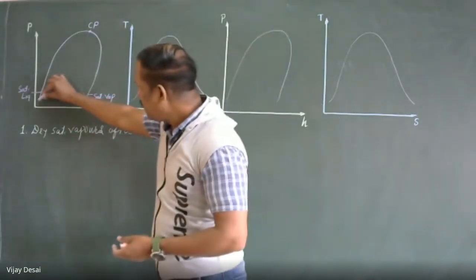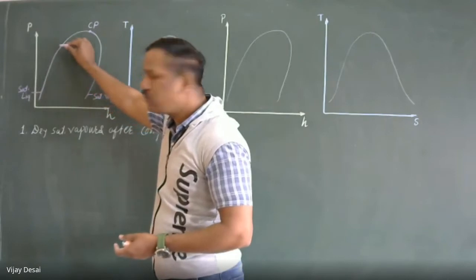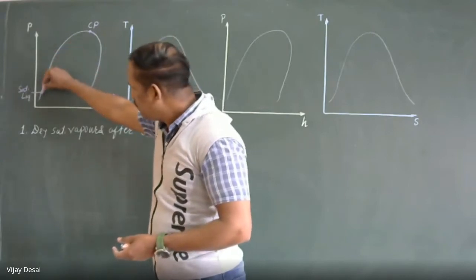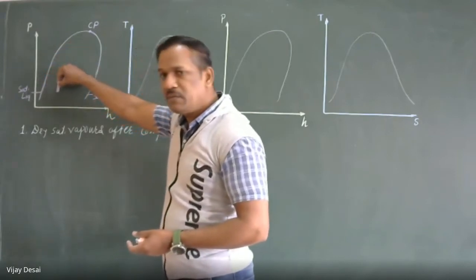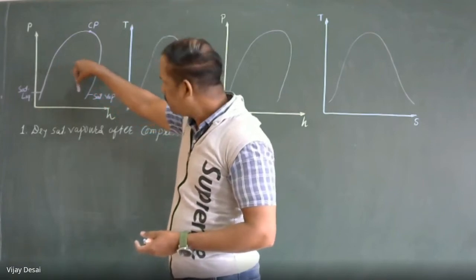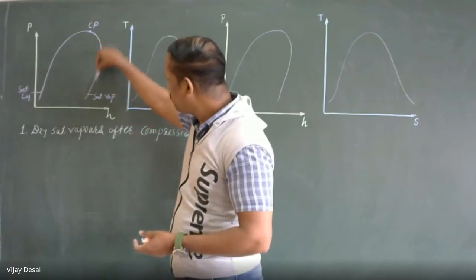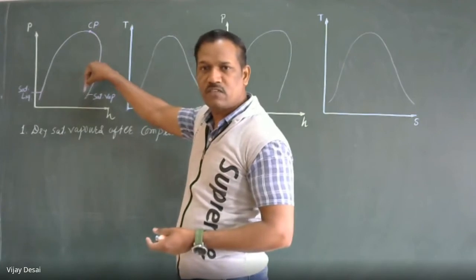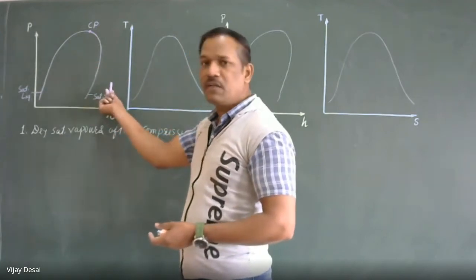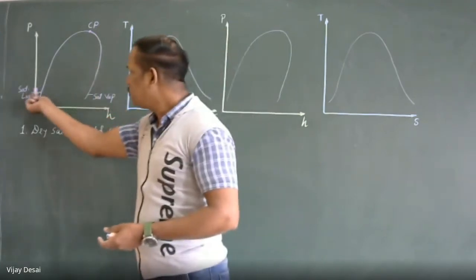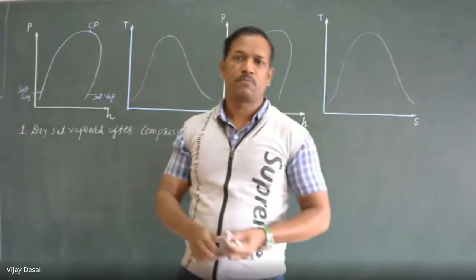Wet condition means it is a mixture of liquid and vapor. So on this line, it is saturated liquid. After that, this liquid becomes a mixture of liquid and vapor. When it reaches this curve, then it becomes completely saturated vapor. After this, there will be superheating, and before saturated liquid, there will be subcooling.